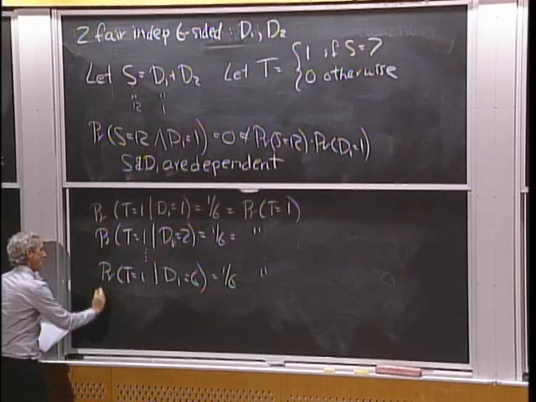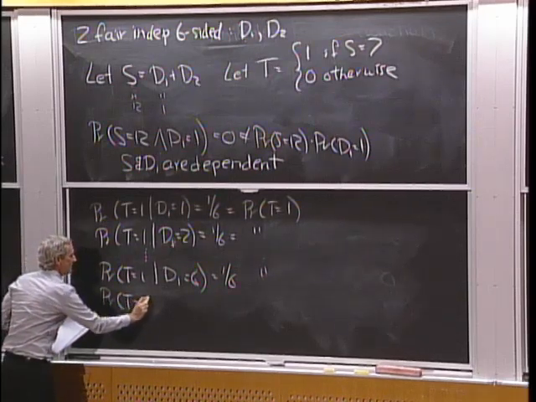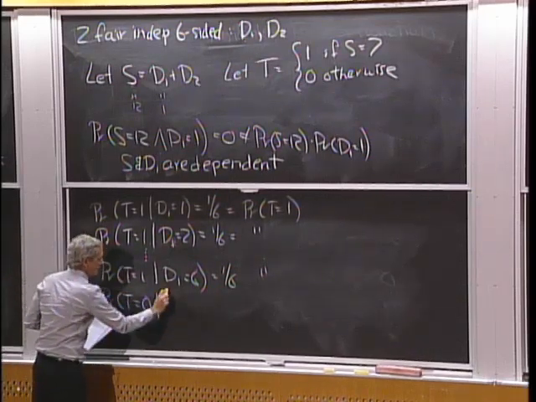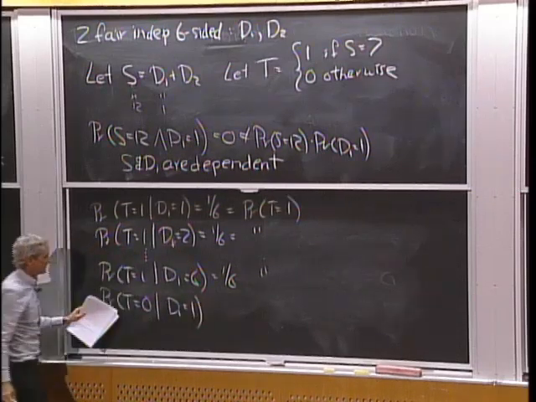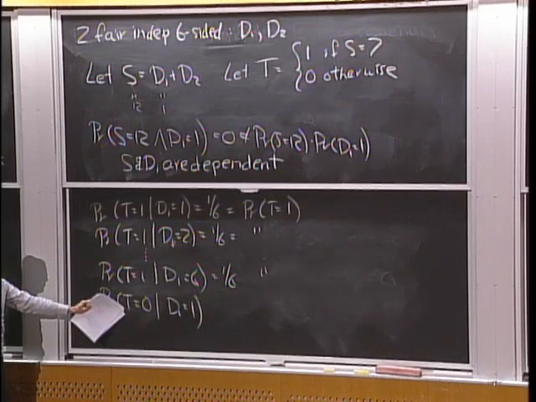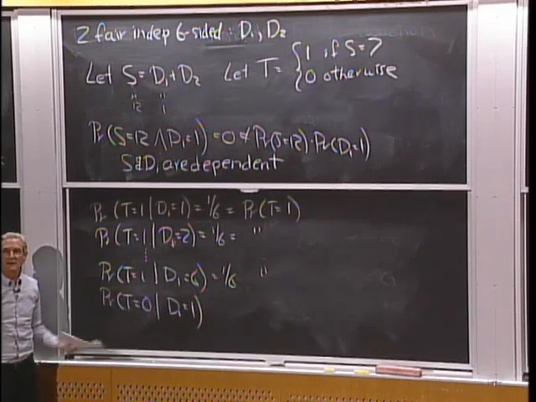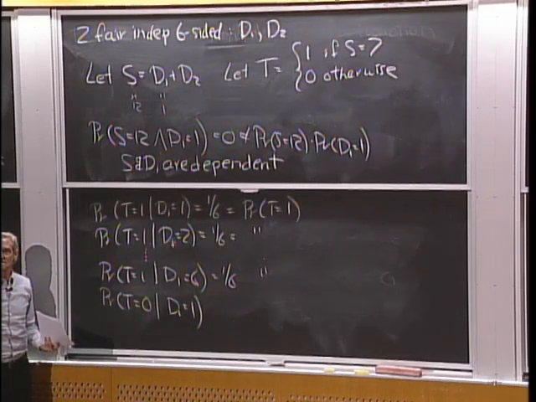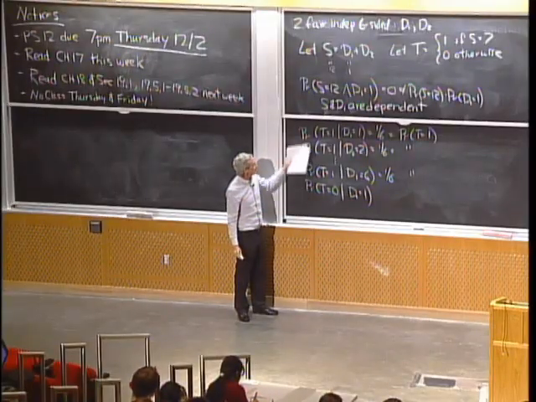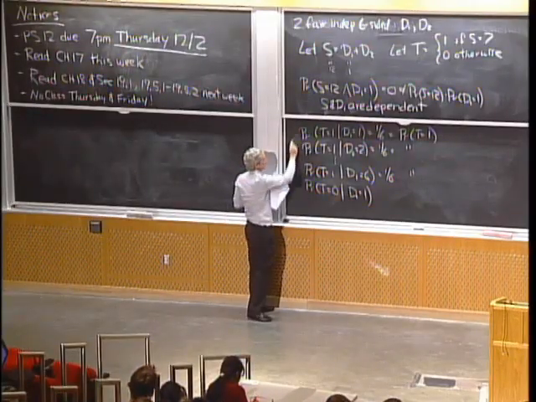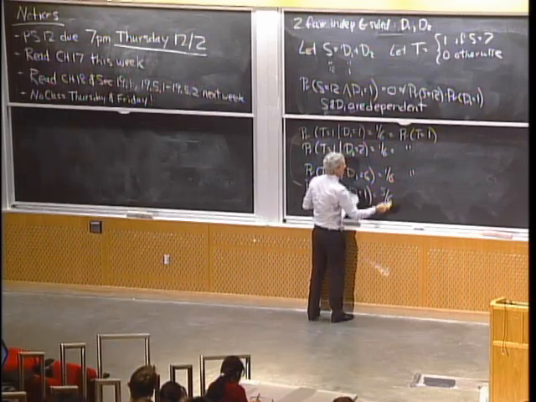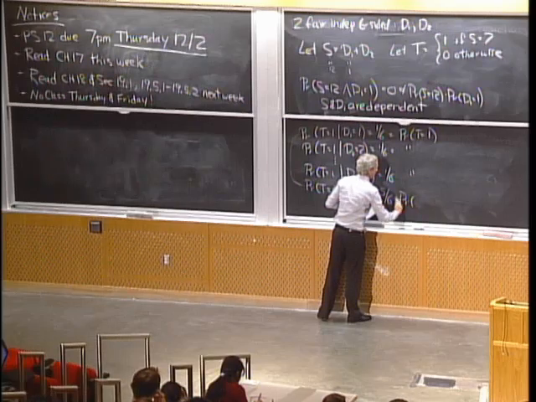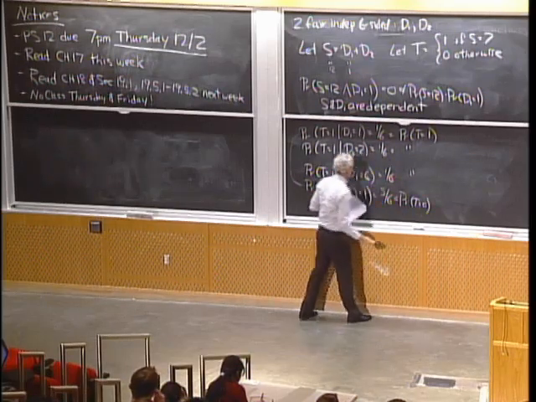Now, we've also got to check the probability T equals 0, given all these cases for D1. D1 equals 1. What's this? The probability of not getting a 7 given the first die is a 1. What's that? 5/6. It's the opposite of this case. They pair up. That's got to be 5/6. And that is, of course, the probability of T equals 0.